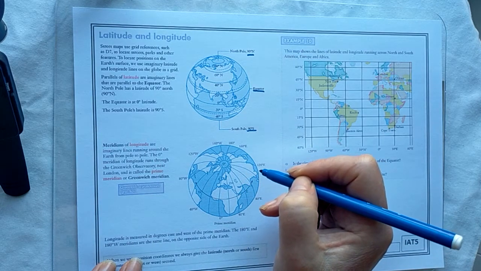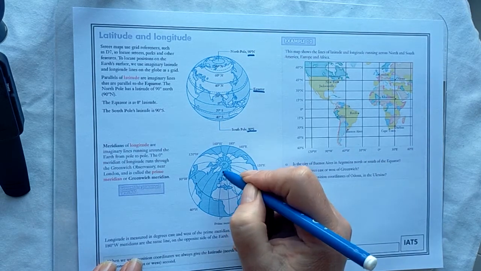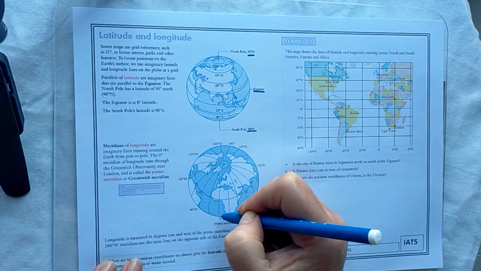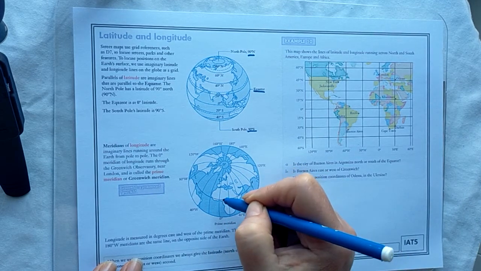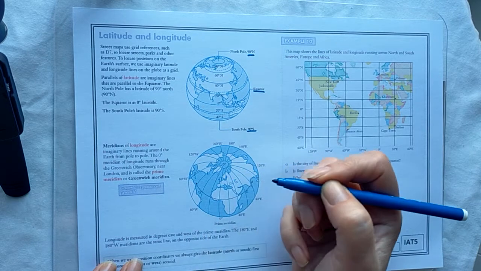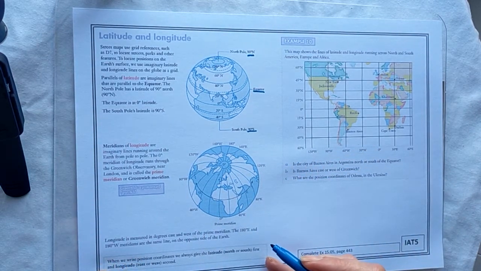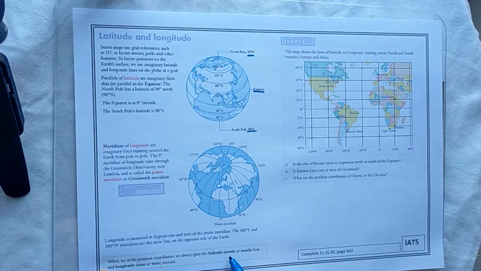That's called the prime meridian or the Greenwich meridian. From our 0 line of longitude, we head east and we head west. When you give a position, we always give our latitude, north or south, first, and then east or west second.